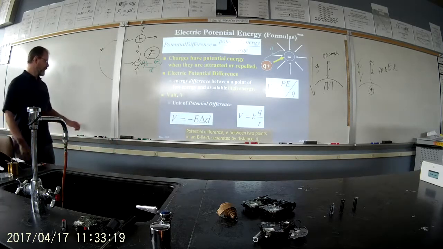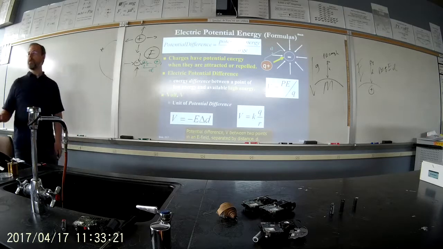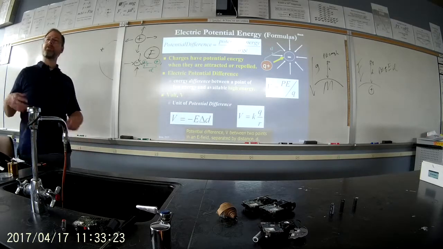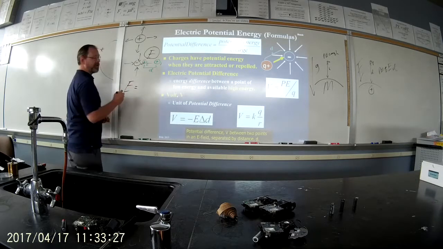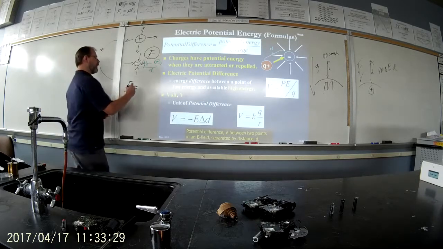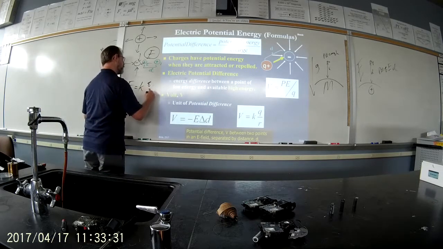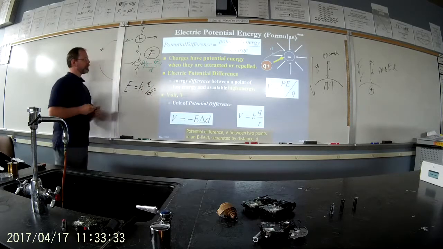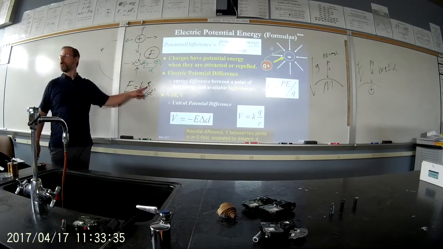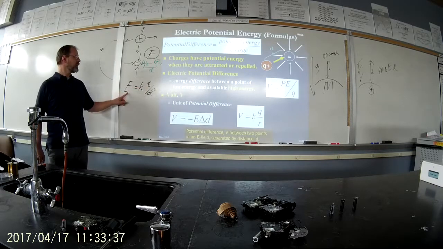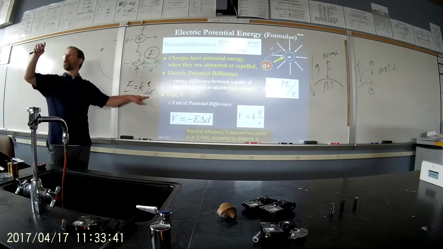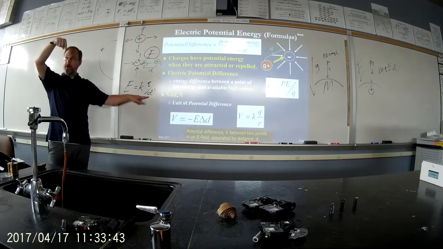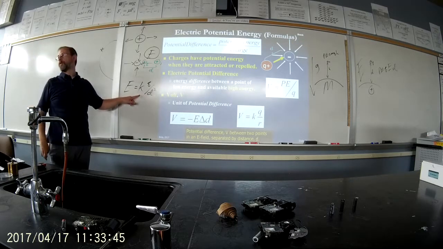Now, if you remember last time, we used Coulomb's law, and we found out how to determine the strength of an electric field based on a single charged particle, and that was kQ over d squared. So a charge Q produces a field strength E when we look at where our test charge is, where in the field we care about, multiplied by Coulomb's constant.